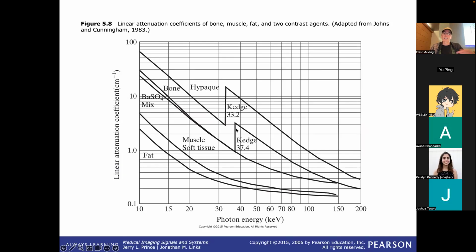This is probably associated with the barium, this K-edge here, right? For a bone, we'll have a different K than for, you know, I'm not sure, but it doesn't look like bone has a K-edge on this graph, right? Looks like it's pretty smooth all the way down. So these are very pure ions that we're imaging.